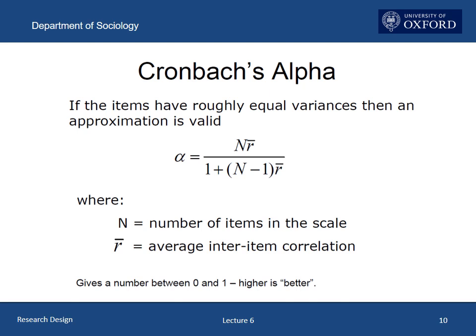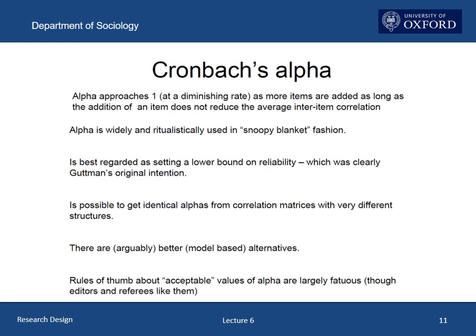Alpha takes a value on the 0-1 interval, with higher numbers indicating greater reliability, in other words, greater agreement between the different constituent parts of the scale. Alpha approaches 1 at a diminishing rate as more items are added into the scale, as long as the addition of an item does not reduce the average inter-item correlation.